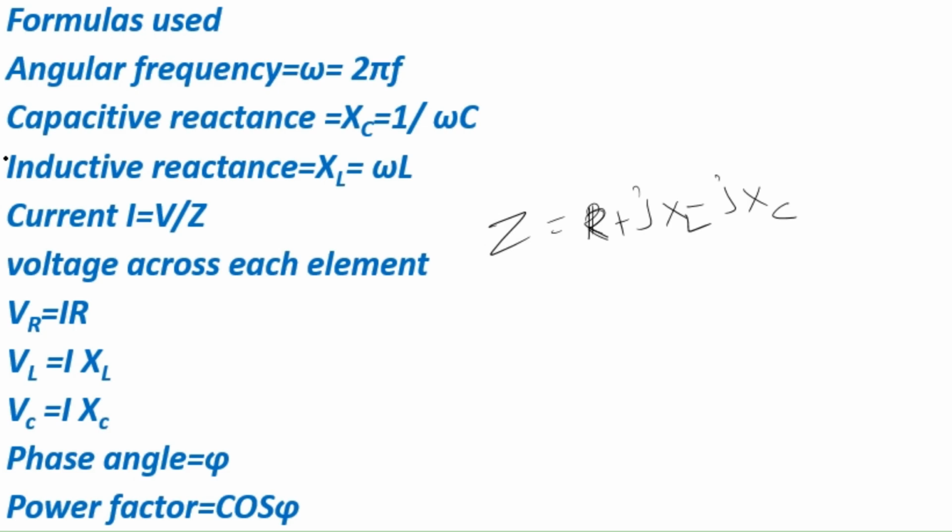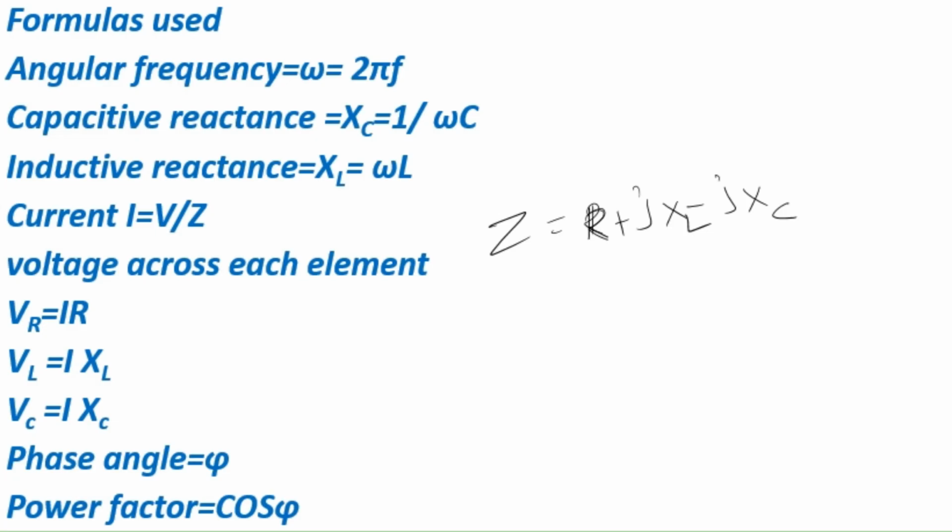The voltage across each element we can obtain using the formulas: voltage across the resistor is I into R, voltage across the inductor is I into XL, and voltage across the capacitor is I into XC. The phase angle is phi and the power factor is cos phi.